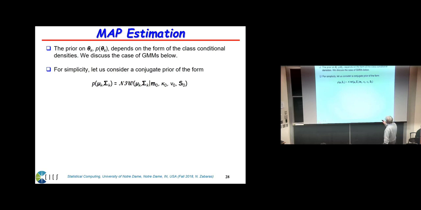The classical prior that we have seen for mean and covariance is the joint normal inverse Wishart distribution. If you go scalar, it would be the normal inverse gamma distribution, but in terms of matrices, it is normal inverse Wishart. So basically the distribution of mu given sigma is Gaussian, and the distribution of sigma is an inverse Wishart distribution.